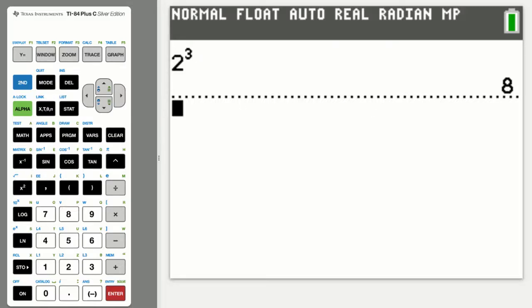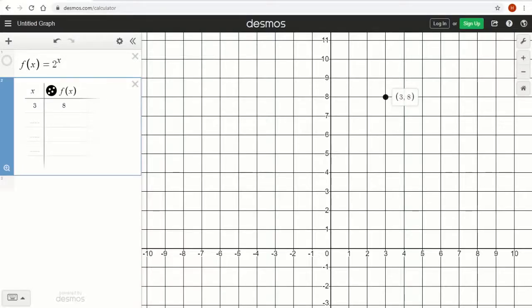Now back on my Desmos graphing calculator, let's look at giving a different input value. I purposely started out by giving a positive input value. Positive 3 I gave for x, and I came out with output 8. So let's look at a value, how about 0? We want to find out whether an exponential function can be evaluated at x equals 0.